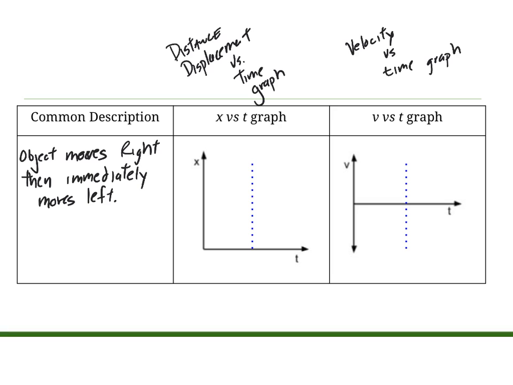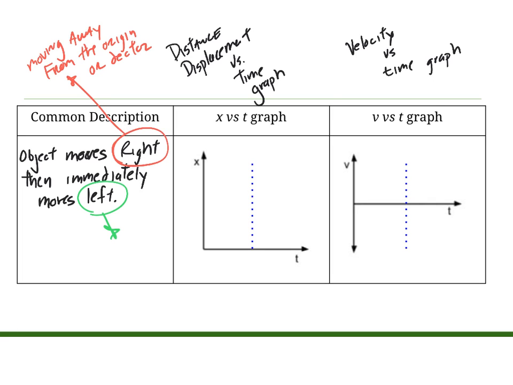Okay, so let's talk about this for a second. If something moves right, we think of that as moving away from the origin or detector. And if something moves left, we think of that as moving towards the origin or detector.